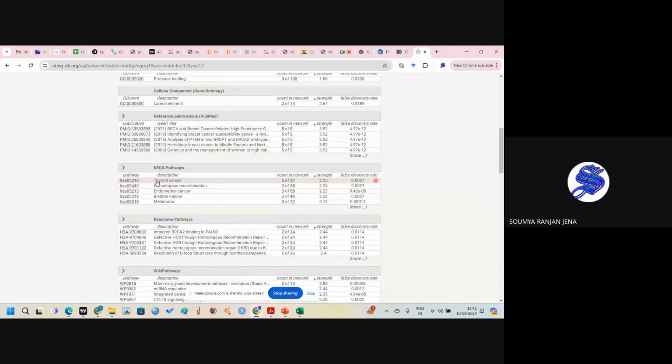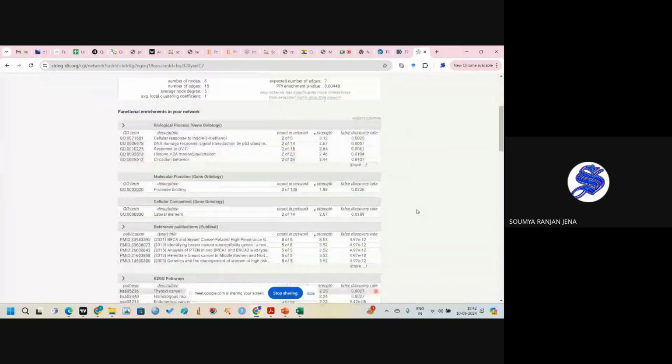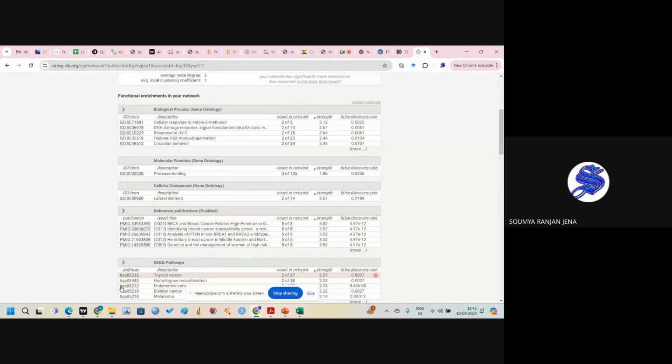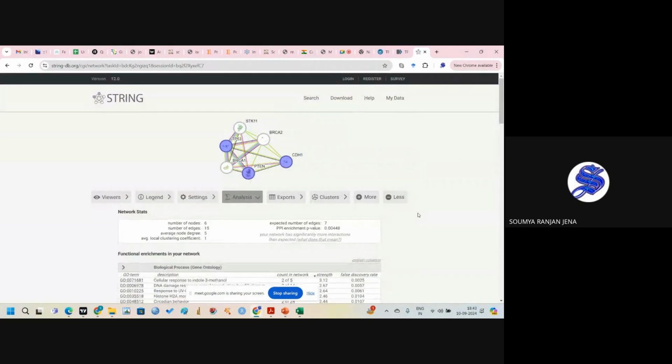If you click this, it converts to a red color, meaning in thyroid cancer which genes are interacting? Only two. One is TP53 and the other is CDH1. If you mutate these two genes, then it will cause thyroid cancer. If we go to endometrial cancer, which ones are involved? I will deselect this, and yes, in endometrial cancer you can find mutation of the TP53 gene, PTEN, or CDH1.